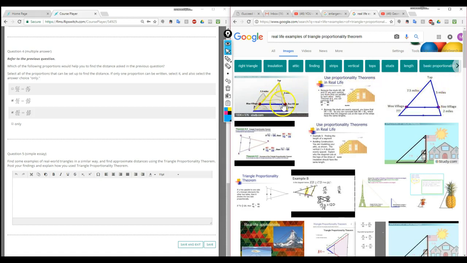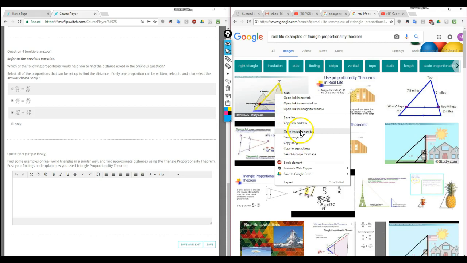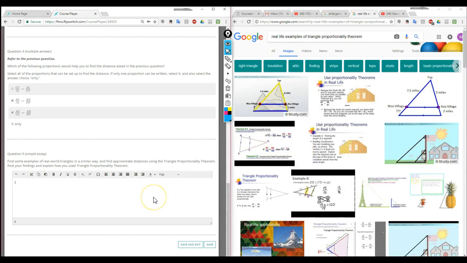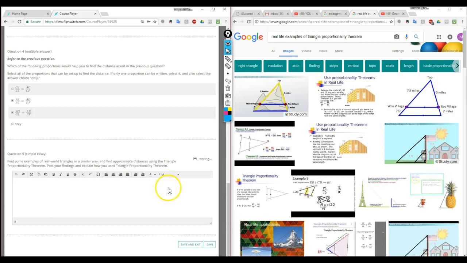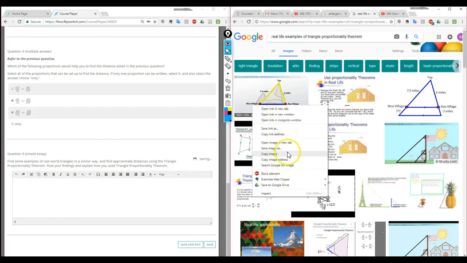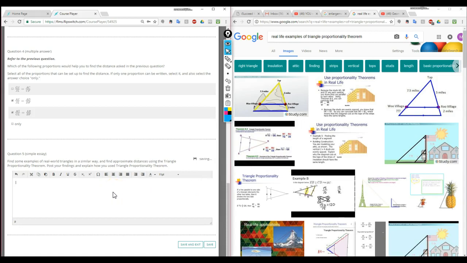You notice that diagram and this one are basically the same. This one just has a mountain on it. So I would copy this, copy image address, paste it in. Oops. Maybe I can just copy the image and paste it. Okay, well, this is the first.